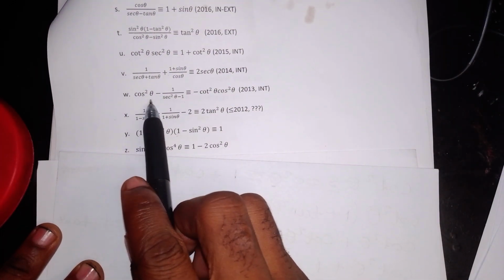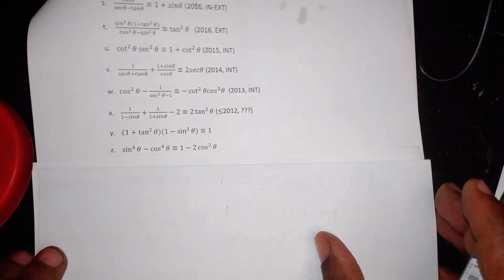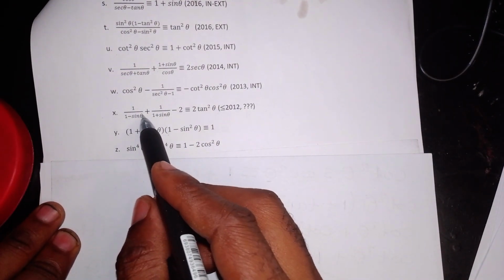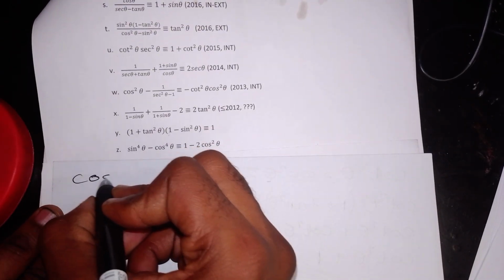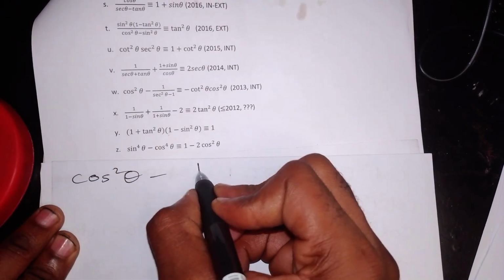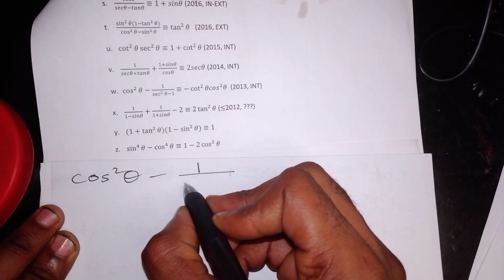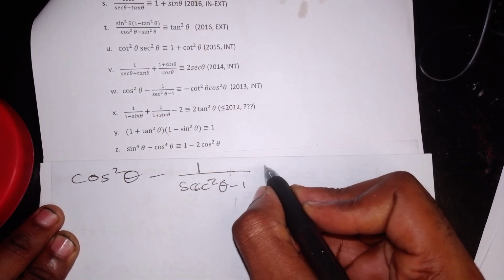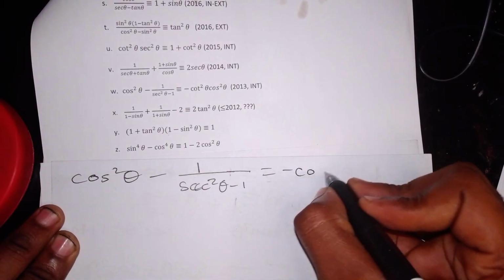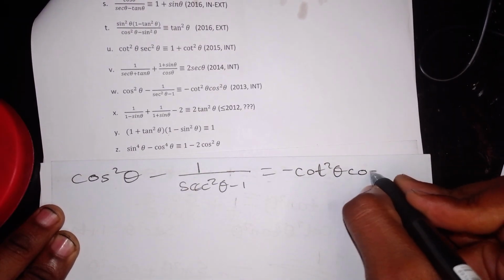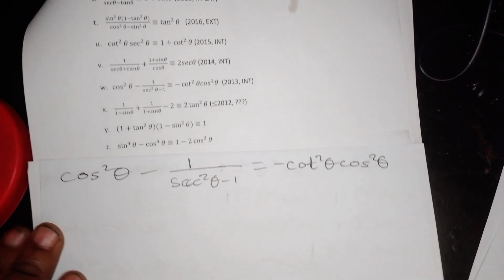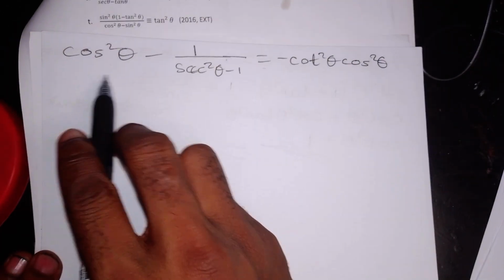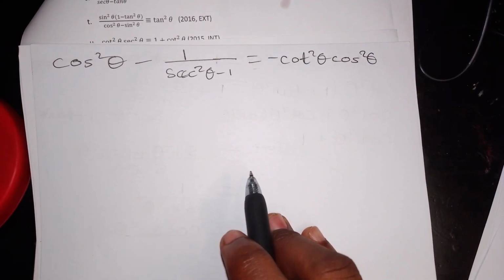On part this. So here we have 2013. So in 2013 we had cos squared theta minus 1 over sec squared theta minus 1, and this is equal to negative cot theta and then cos theta. So we can use this to obtain this.